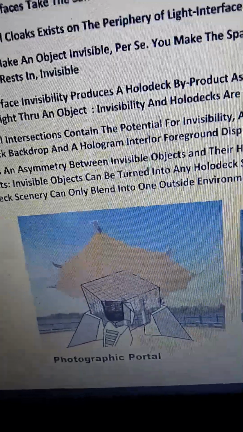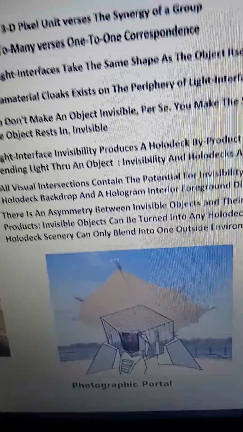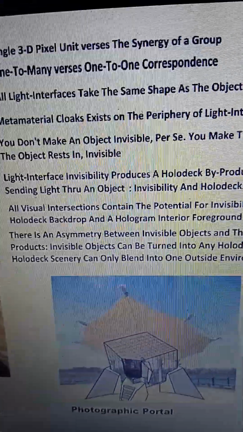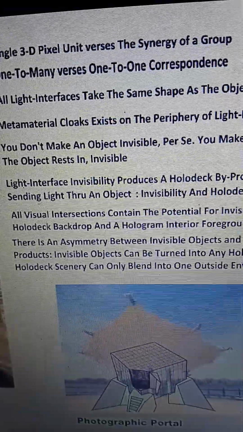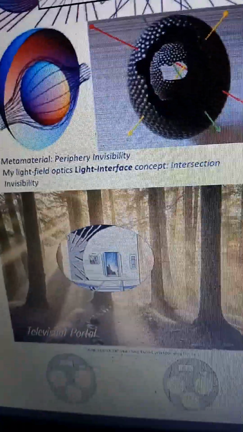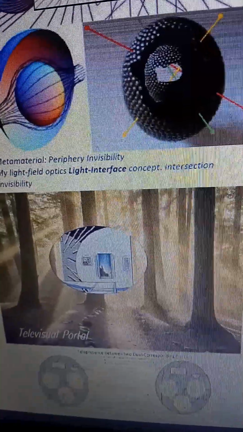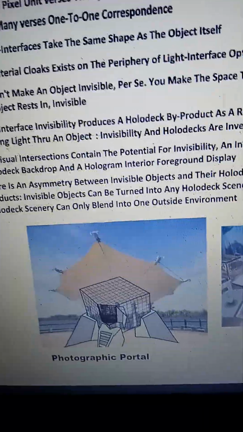And if you turned a holodeck inside out, you'd have an invisible object again. I didn't have that diagram readily available, and I forgot to put that on here. But I believe you could probably make sense of that statement with these low and high-tech forms of portals, televisual portal and photographic portal.